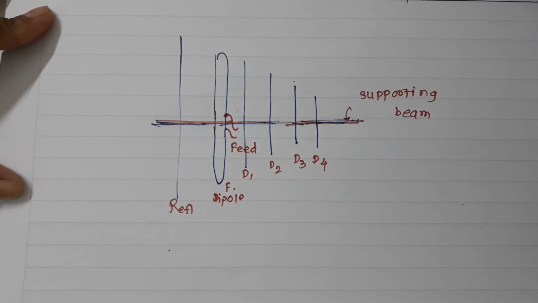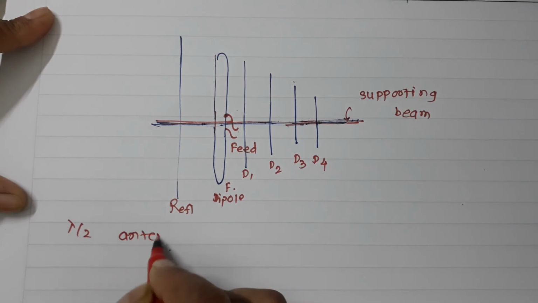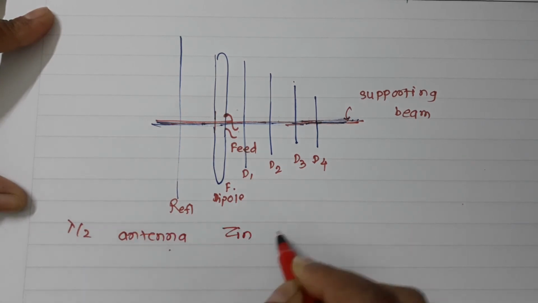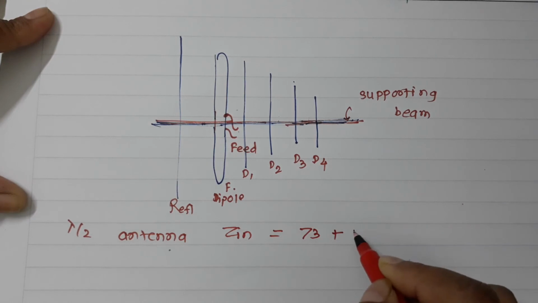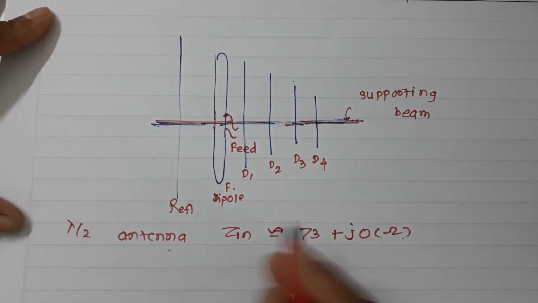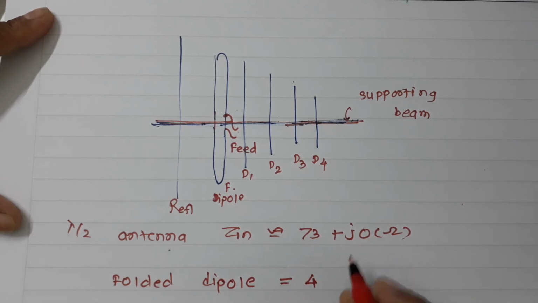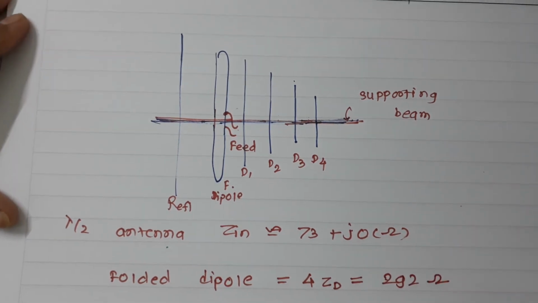For this lambda by 2 antenna, Z in is equal to 73 plus j0 ohm, near about. But the folded dipole has 4 times this impedance, so it comes to about 292 ohm, which I can use for the television application.